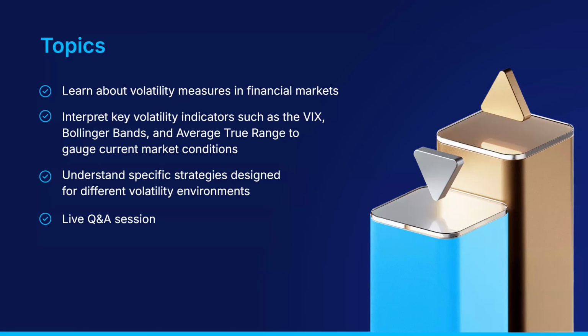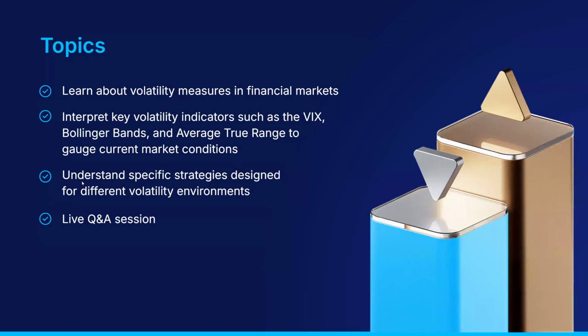Okay, so the topics for this webinar, I'm going to try and keep this as structured as I possibly can. First and foremost, we are going to learn about what volatility is, and then we're going to look at the different volatility measures that we can use in the financial markets. Interpret key volatility indicators such as the VIX, Bollinger Bands, and average true range. I do use all three of these volatility indicators, so I'm quite familiar with their dynamics, if you will.